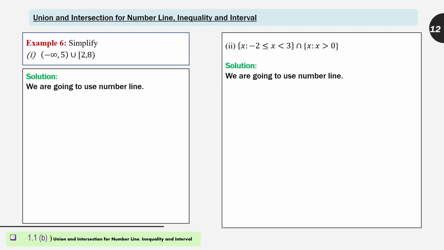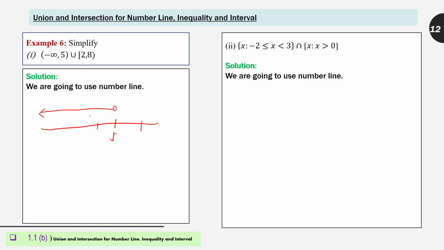Okay, so now we look at some other examples. They ask you to simplify negative infinity to 5. Negative infinity to 5 means until here is 5, not inclusive. And this one is 2 and 8. So 2 is here, 8 is here.